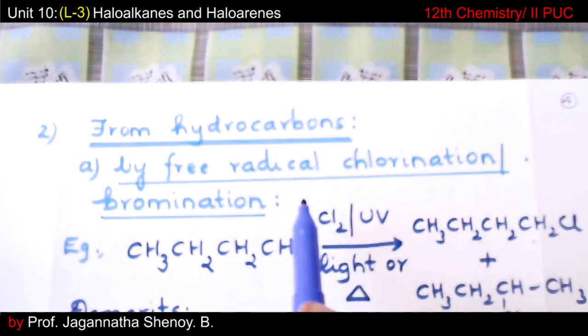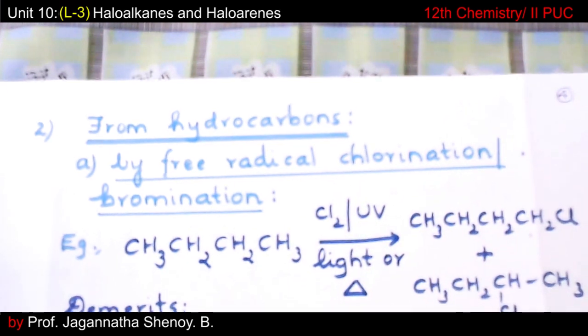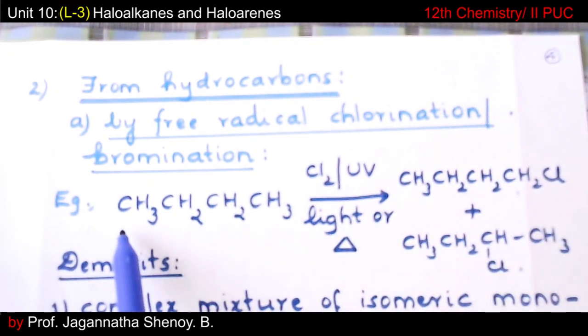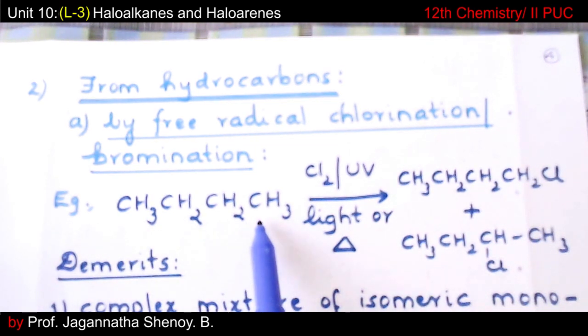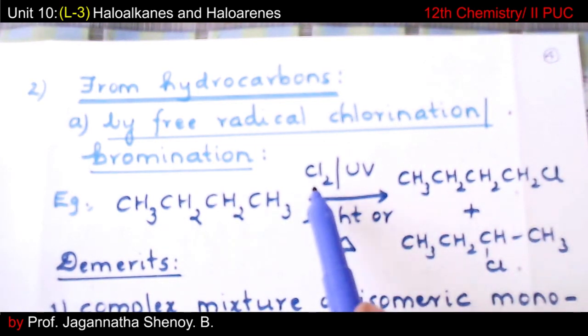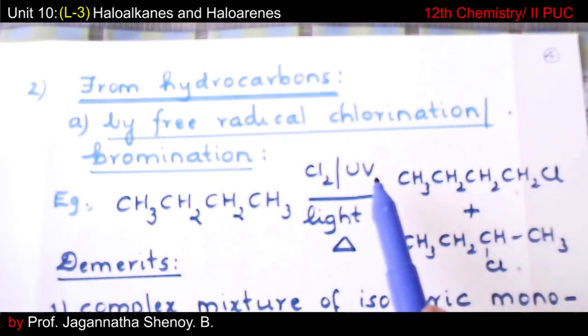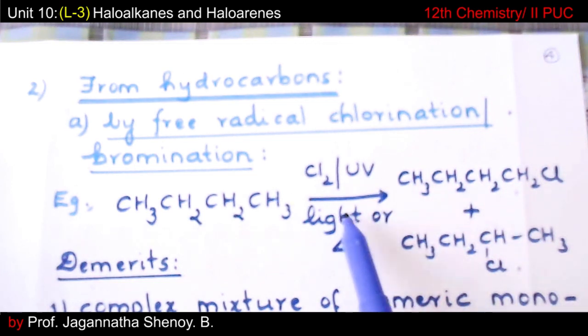You have also studied the free radical substitution mechanism over there. It is the same thing. But what I have done, I have considered butane. The reagent for chlorination is Cl2, and for free radical chlorination or bromination, either I have to make use of UV light or I have to heat it.